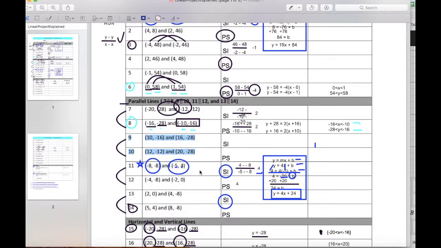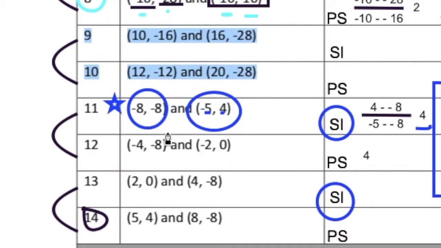We didn't do that in the video, but let's go ahead and put the range in for the y values. I want that line on number 11 to go from -8 to 4.